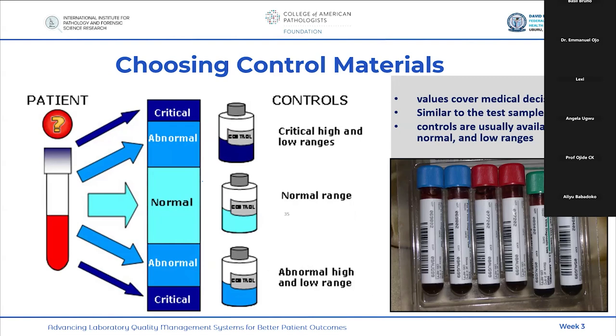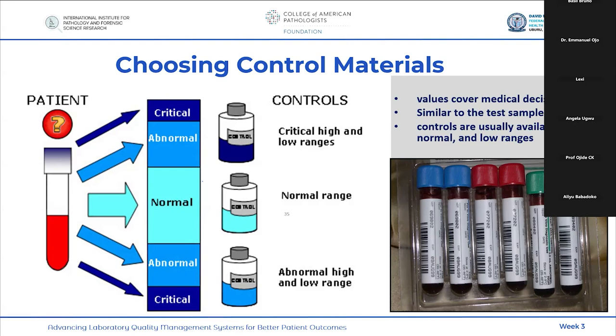So if you look at potassium, for example, you want to say, if you take a reference range to be, let's say, 3.5 to 5.5 millimole per liter, you want to see that you have abnormal high and abnormal low control as well, so that if there are occasional cases of hypokalemia or hyperkalemia, you can actually look at a control that will serve that particular decision point.